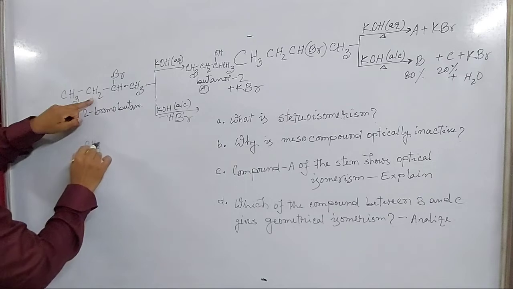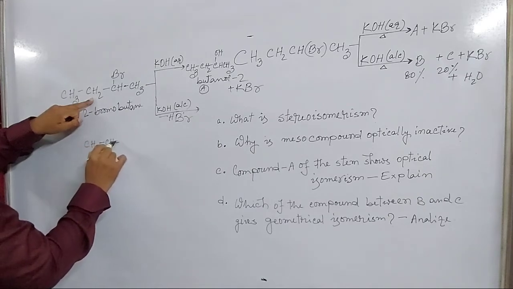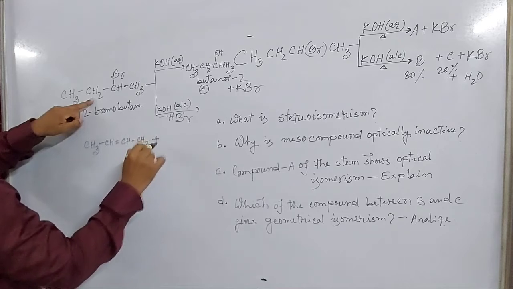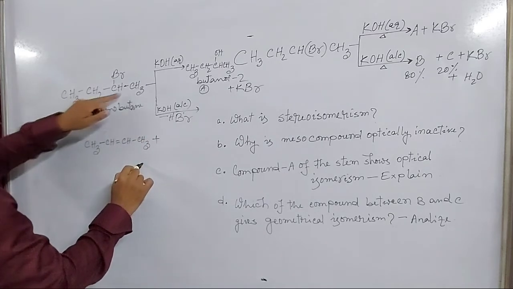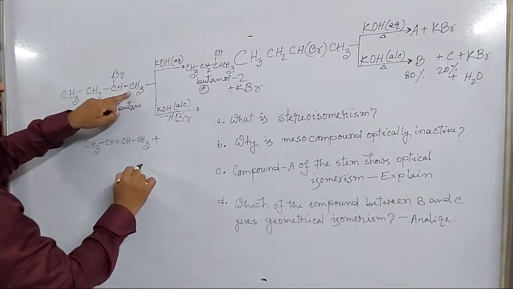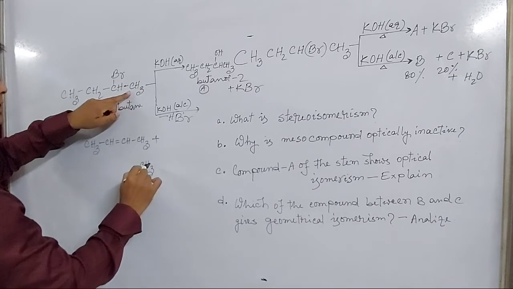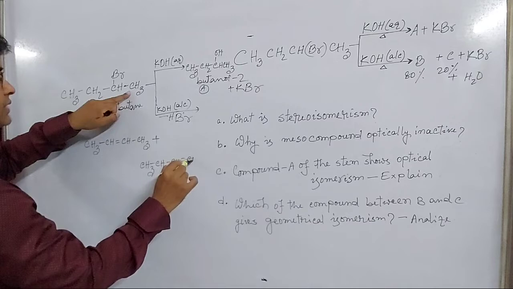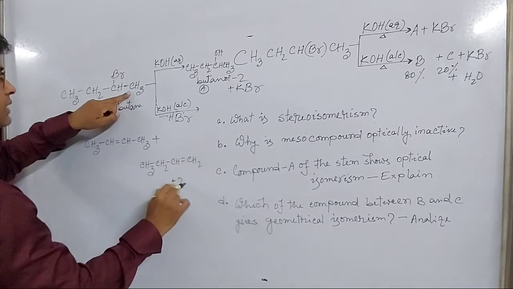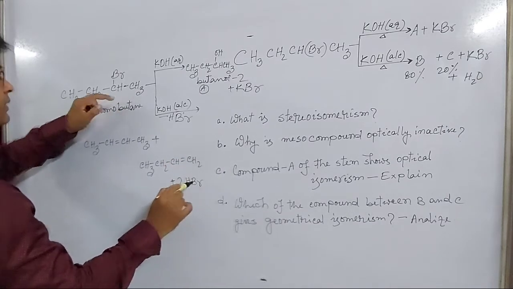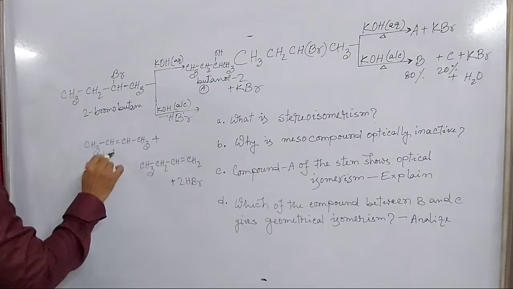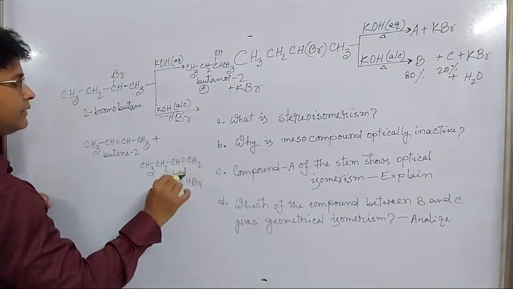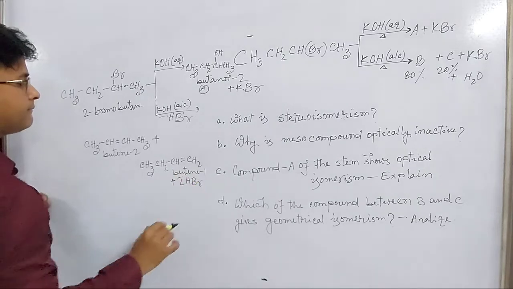So the compound will be CH=CH-CH3 plus, and if one hydrogen atom is removed from the first carbon, it will be CH3-CH2-CH=CH2 plus hydrogen bromide. Students, this is butene-2 and this is butene-1.